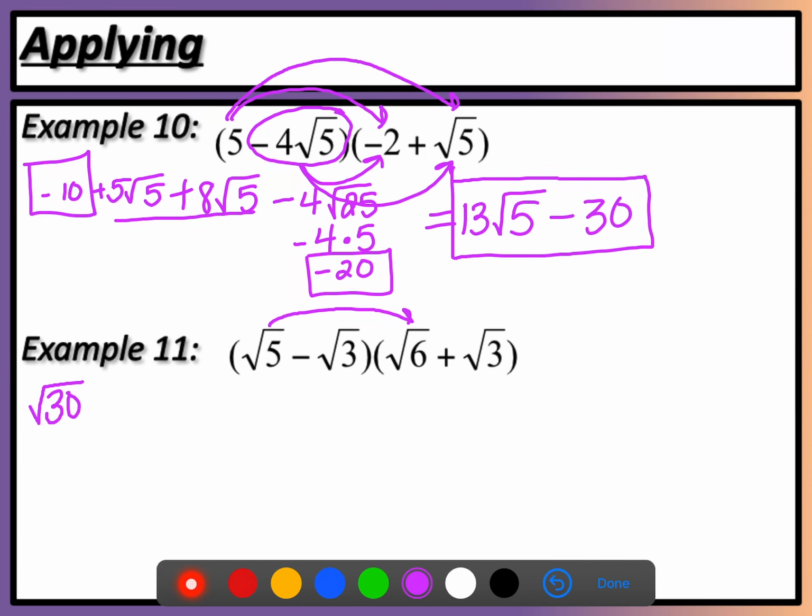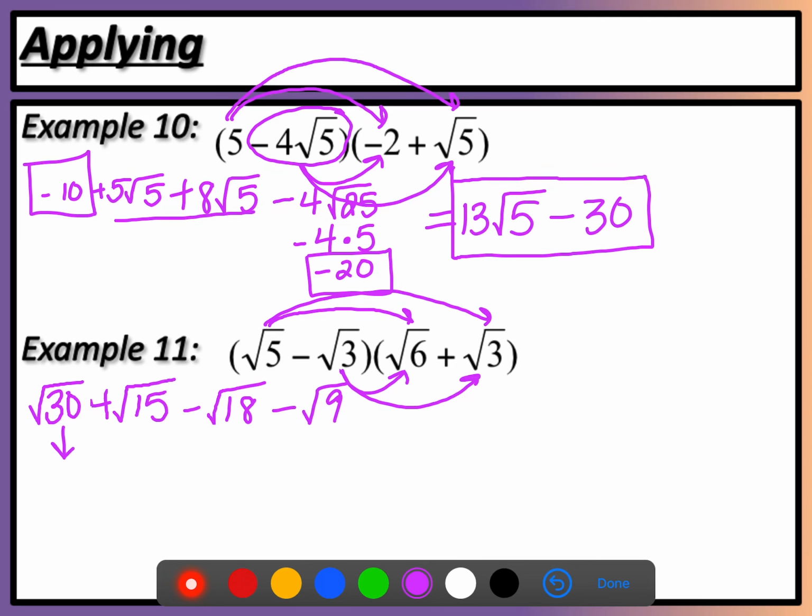Okay, so this is going to be square root of 30, square root of 15, minus square root of 18, minus square root of 9. Okay, 30 and 15 are not going to break down, so we'll carry them down.